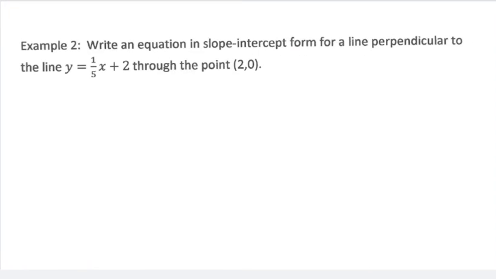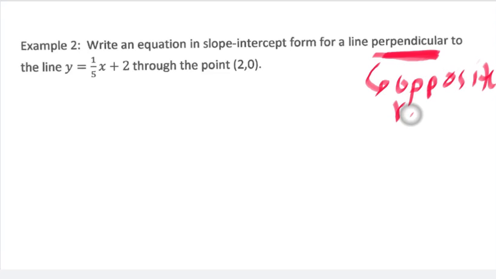Okay, so this next one, we're going to write an equation in slope-intercept form for a line perpendicular to this line. Now we have to remember that two perpendicular lines have slopes that are the opposite reciprocal.